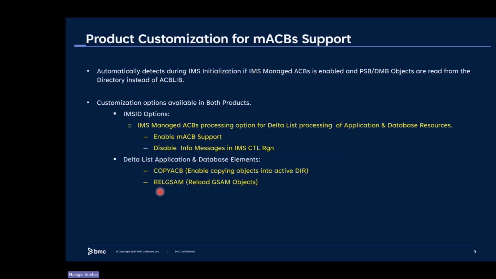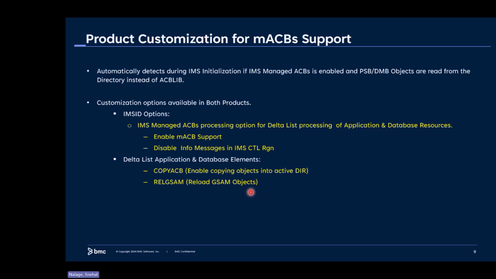However, the fourth option here, the reload GSAM option, which says to reload GSAM objects, is a special option which is available on the reload request of the application and the database elements. As we know, the GSAM databases and the applications are a special kind of databases and applications which are not required to be defined to the IMS, but their ACB and the DMB control blocks are expected to be in the active directory in the IMS managed ACBs environment.